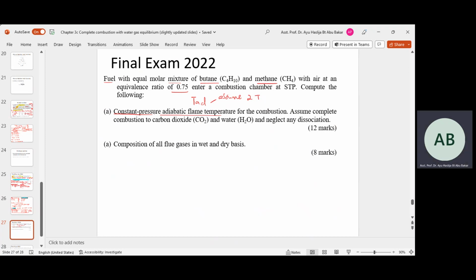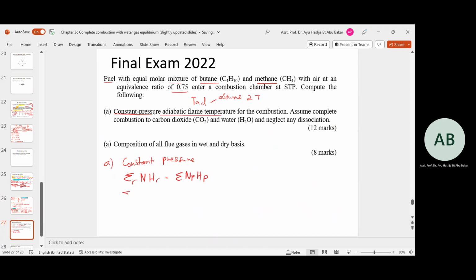Okay, constant pressure for A over here equals 0.